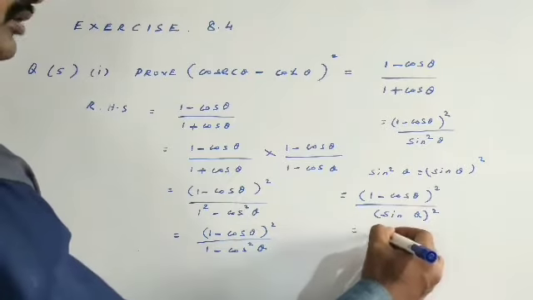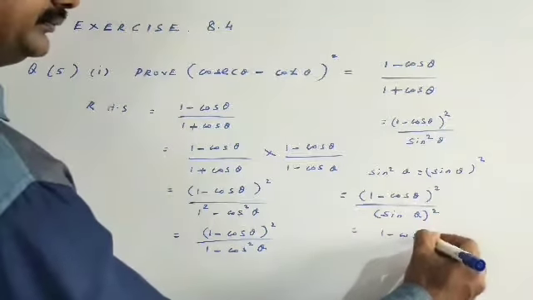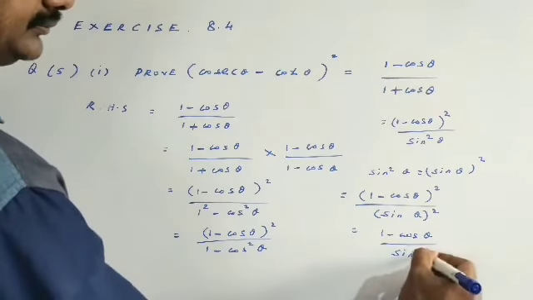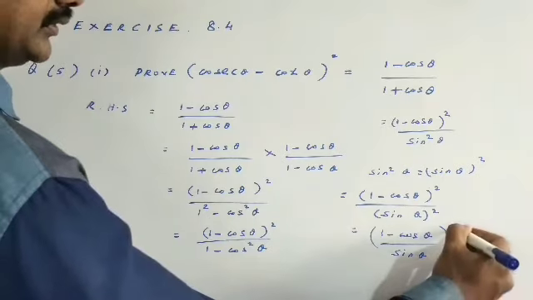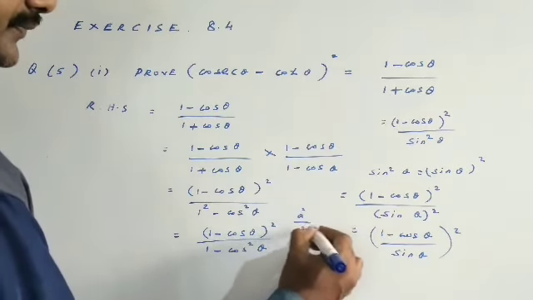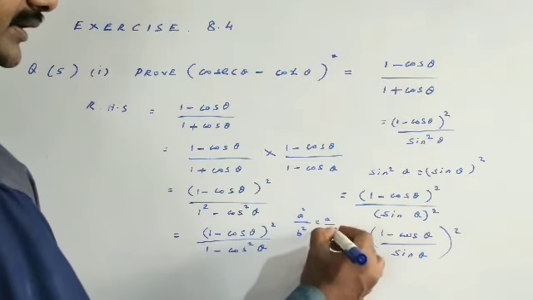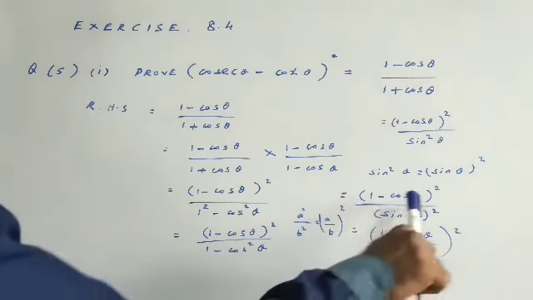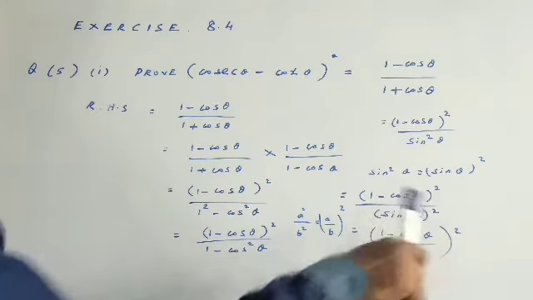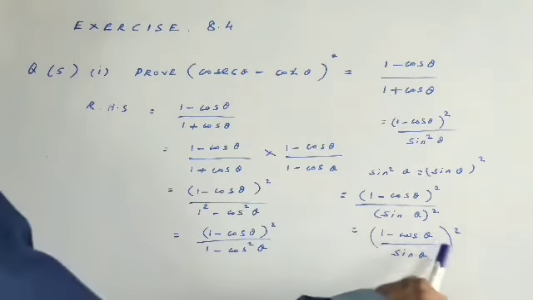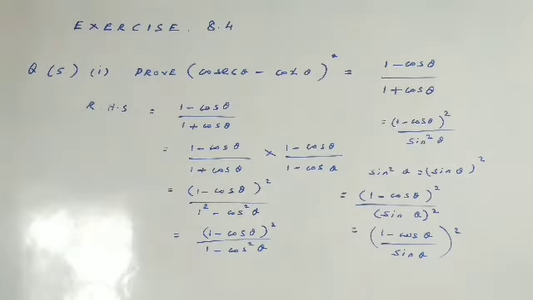So you can write 1 minus cos theta divided by sin theta, the whole square, because we know that a square by b square can be written as a by b the whole square. So I am going to write 1 minus cos theta by sin theta the whole square.